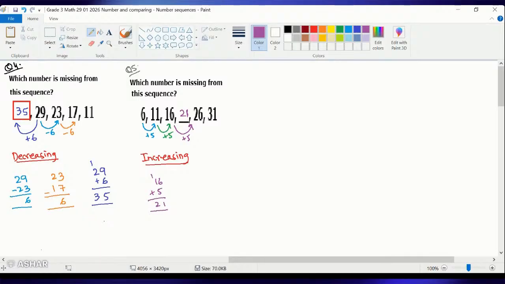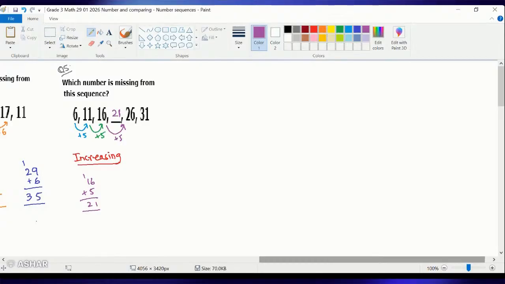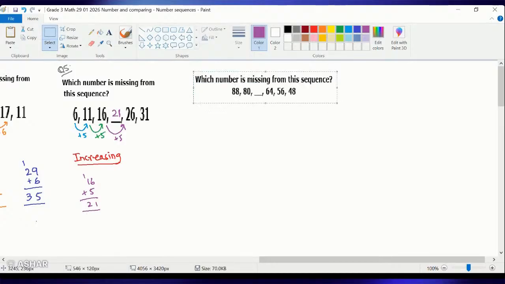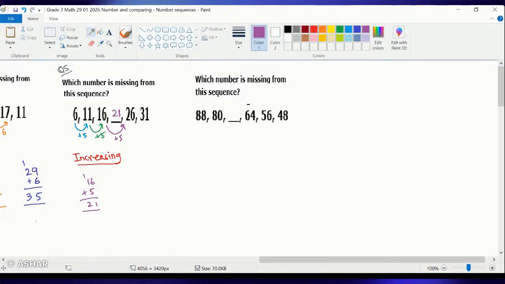Okay, moving ahead, let's see which number is missing from the given sequence in question number 6. Let's have a look. If we have this sequence, which number is missing from the following sequence?